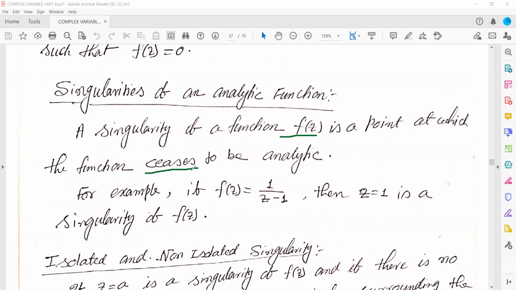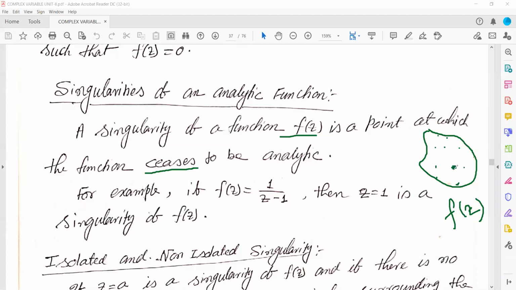Then you can say that the given function is analytic in that region. Now, what do you mean by singularity? Suppose this is your region, and the given function f(z) is analytic everywhere in the region except at a few points. Say at this point the derivative of the function does not exist.